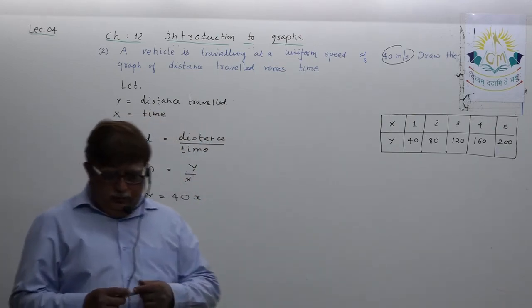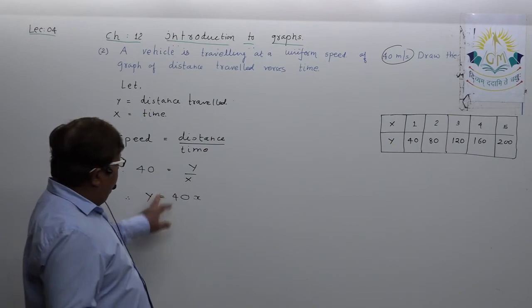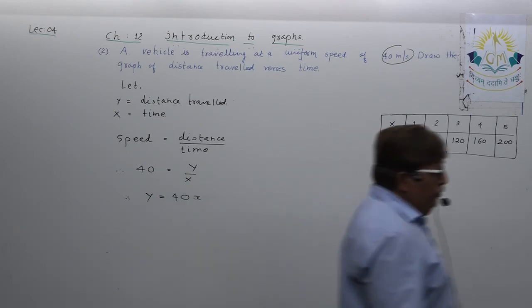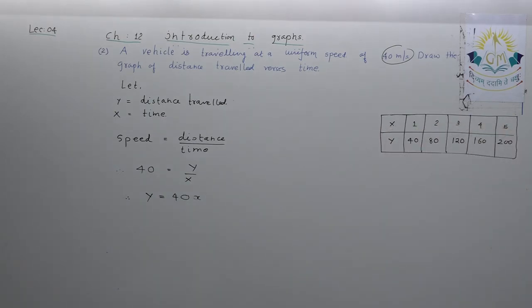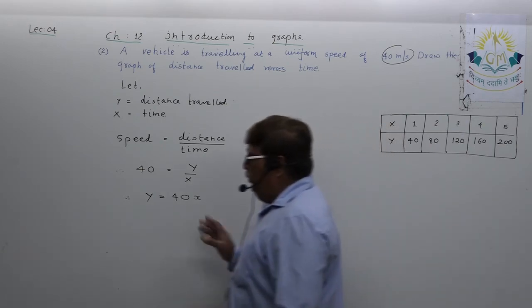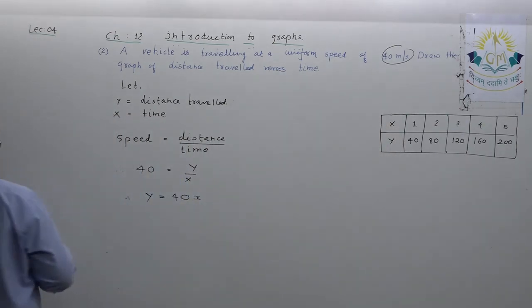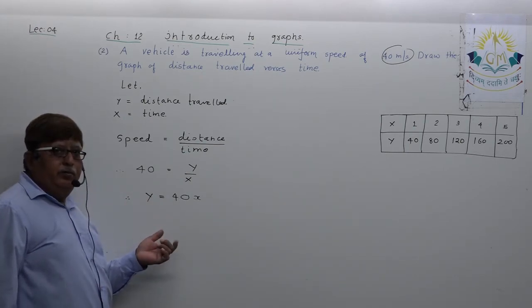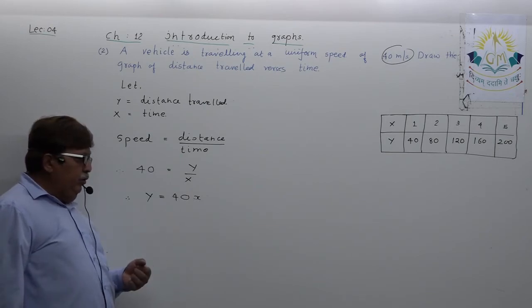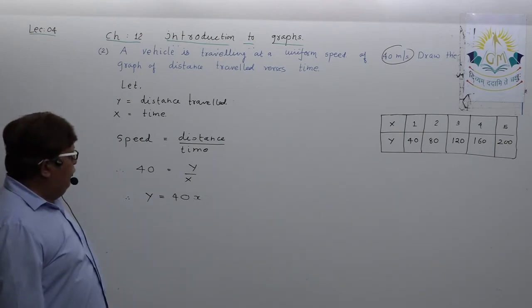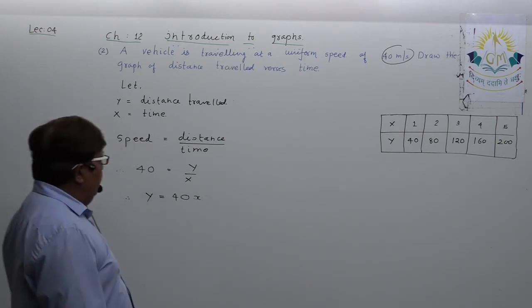So first, dear student, before I erase this data and draw the graph, please see the basics which you require. Just verify the basics which are necessary for drawing this type of graph. Like in simple interest also we were able to make the graph, in the same way in this type of question also, you need to prepare the basic equation by utilizing the formula of speed, that is distance upon time.